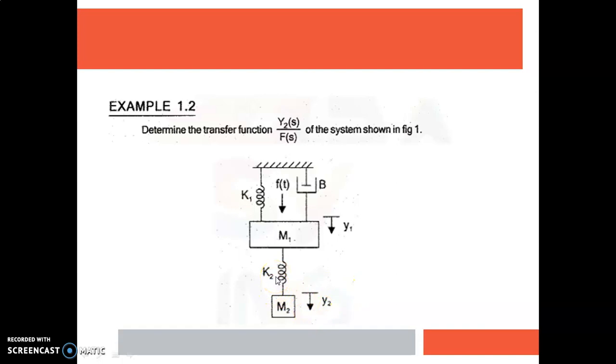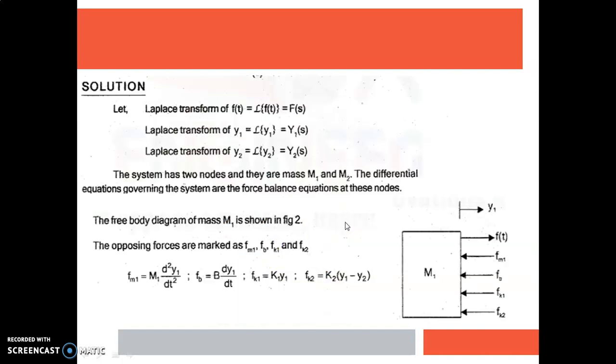With respect to M1, we have to find all the opposing forces. So in this case, Fk2 is equal to K2 into (y1 minus y2). And so these are the opposing forces exerted by M1, B, K1, K2.